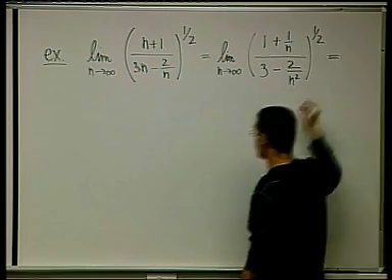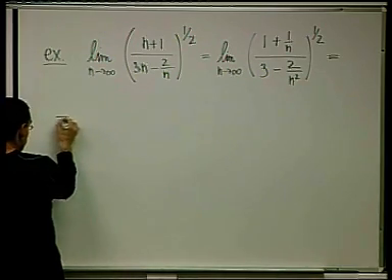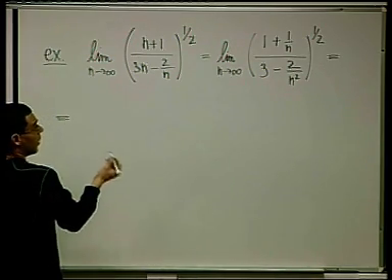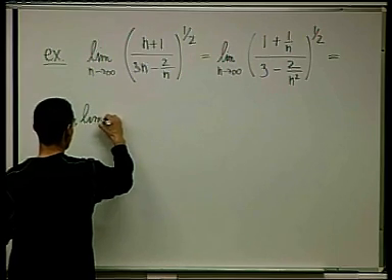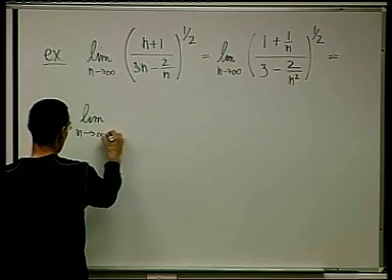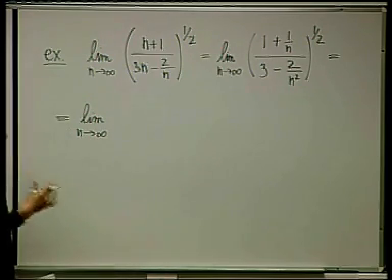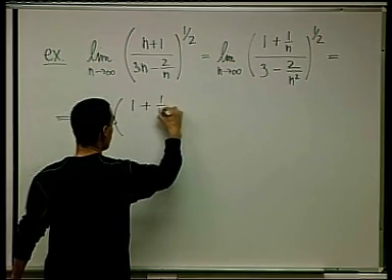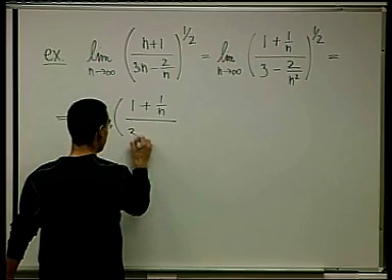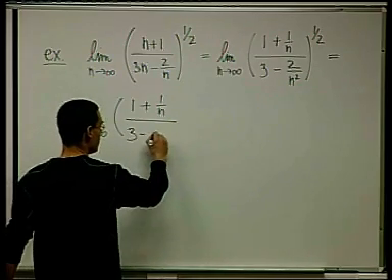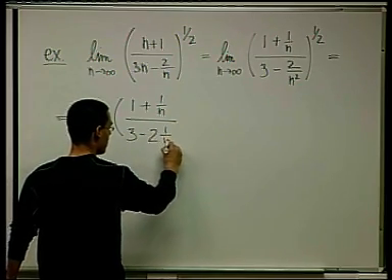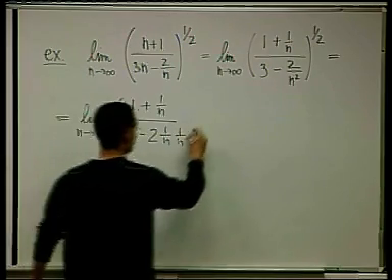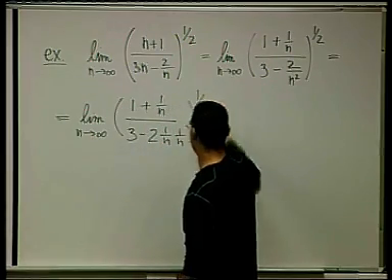Now let me rewrite it one more time. I'm doing this with extreme detail, but just for this example. The top I'm going to leave untouched. The bottom I'm going to write 3 minus 2 times 1 over n times 1 over n. And then I'm going to write this 1/2 here.